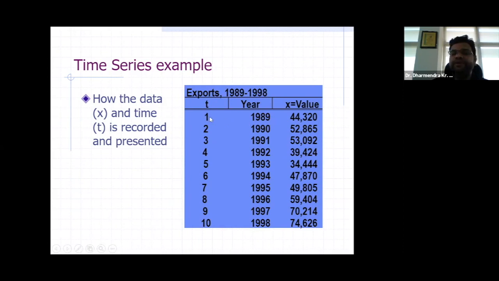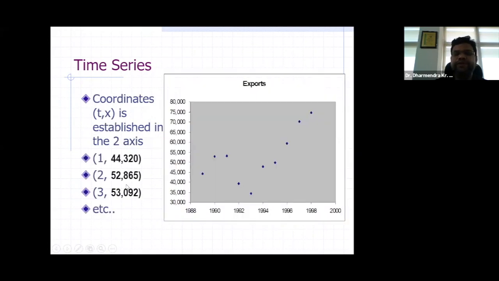This is the first time point, 1989, the second time point 1990. The data is denoted by X, and the time points at which the data is recorded are denoted by T.